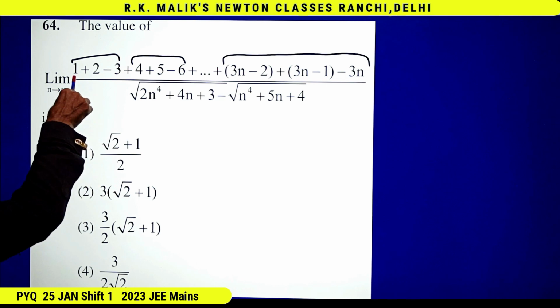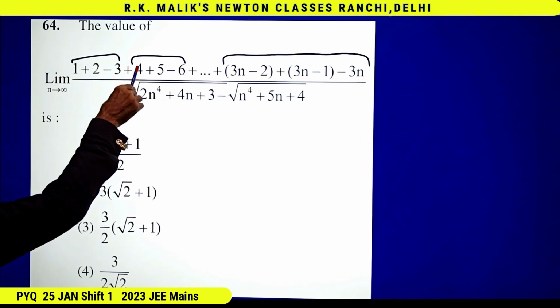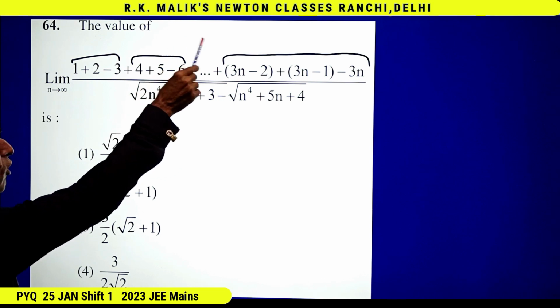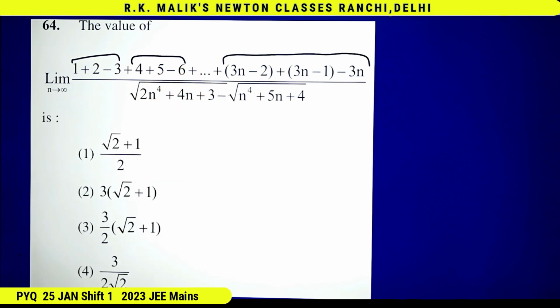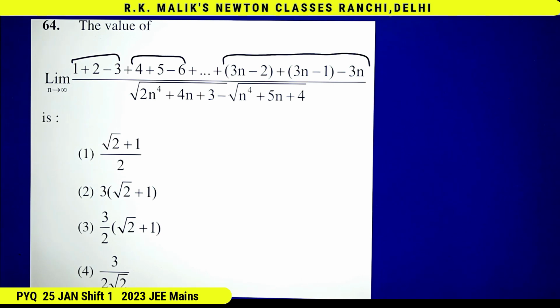We can say that the first term of all the groups, that is 1, 4, 7 up to 3n minus 2, are forming an AP. The second term of all the groups are also forming an AP. The third term of all the groups are also forming an AP.